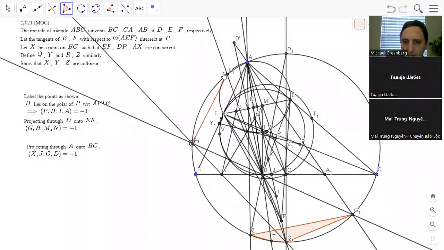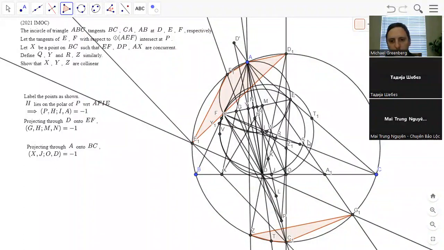You're projecting everything through D. So that's harmonic.